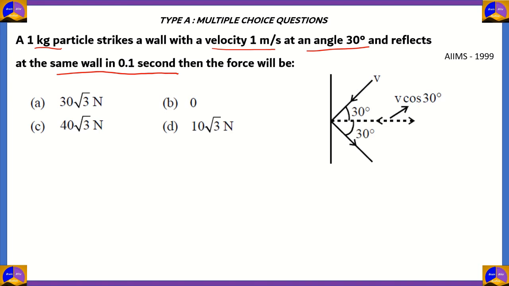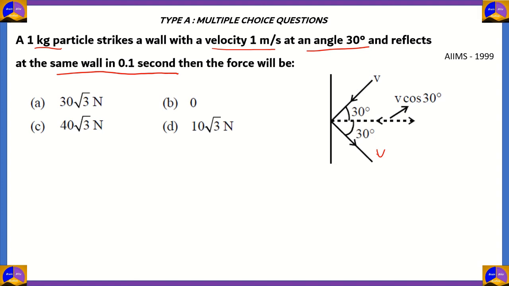So in this question you can see that on the wall the object of mass 1 kg and velocity 1 meter per second undergoes elastic collision, so its velocity remains the same, and also the angle of reflection is equal to the angle of incidence, so therefore the cos component for both velocities will always be cos 30.